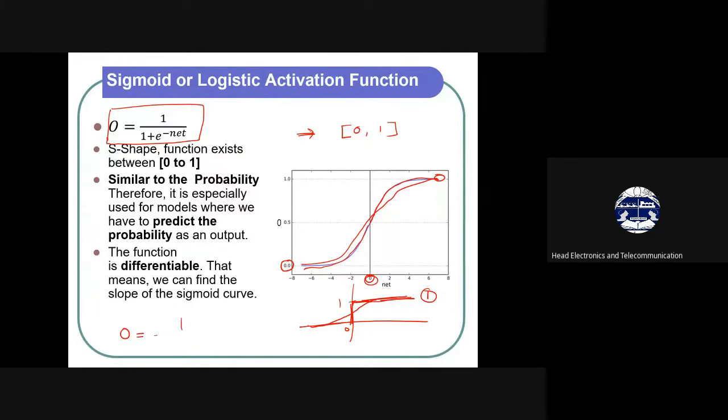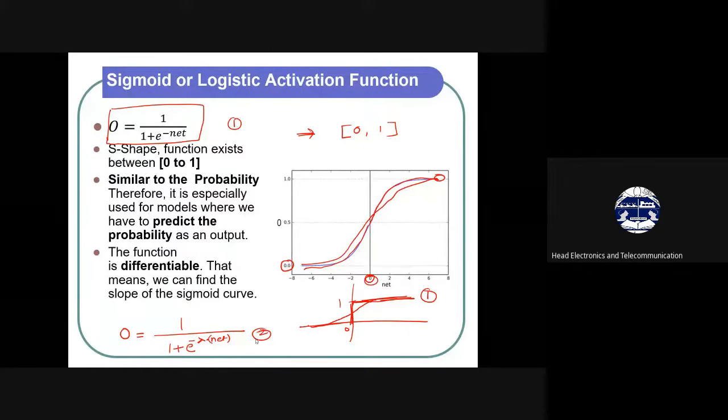Depending on this slope constant, I can modify this activation function like this. Say O is equal to 1 plus e to the power minus lambda into net. If I modify this equation, say number 1 as number 2, what happens? This lambda controls the slope of this function, how fast this function changes value from 0 to 1.